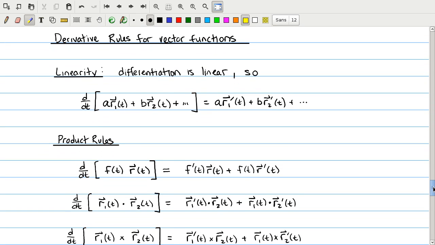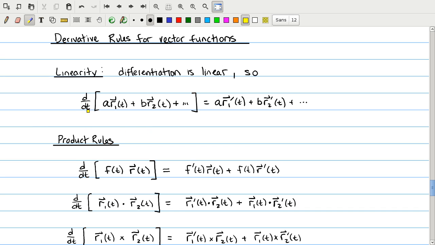A couple more things. So we have vector functions, and we can do things like multiply them by other functions, take dot products of vector functions, and we might want to consider taking derivatives of these kinds of things. So what does it mean when we take the derivatives of products associated with vector functions?